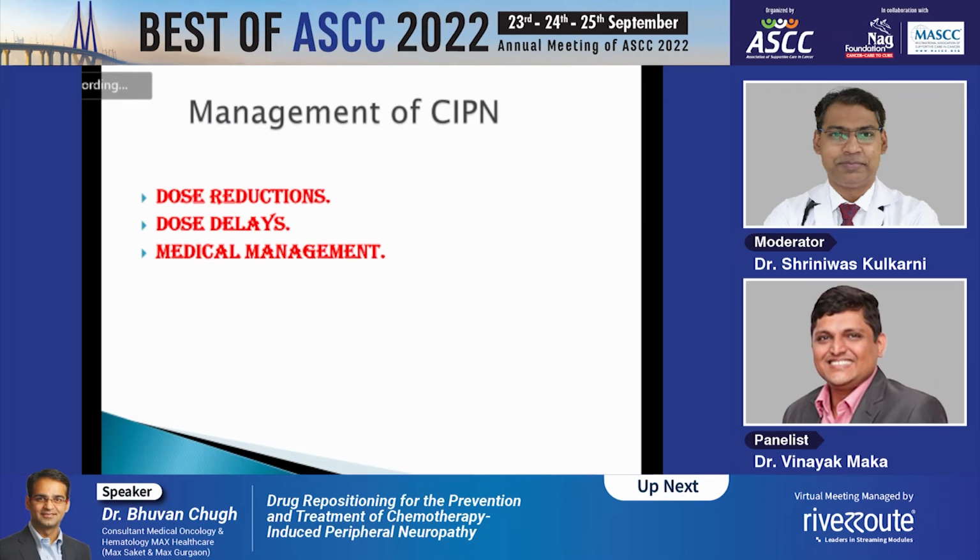Usually pregabalin, if you start early, helps with oxaliplatin related neuropathy. Paclitaxel doesn't go with anything; it has not been very fruitful in paclitaxel induced neuropathy.